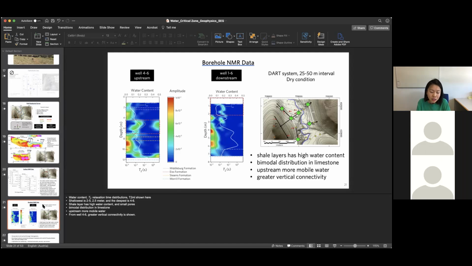On the contrary, the shale layer in this scenario actually behaves as a localized water storage part for this region, because you have smaller pores, and the residence time of the water in the shale region will be much longer than in the limestone.